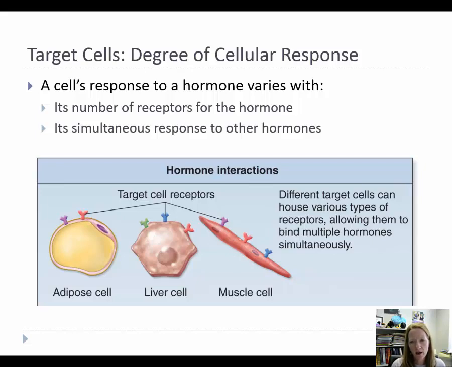And then you have the muscle cell here. It has different ones too. So different target cells can have different receptors, and what it does is it allows them to bind different hormones, and depending on the hormone, it's going to, of course, affect them in different ways.